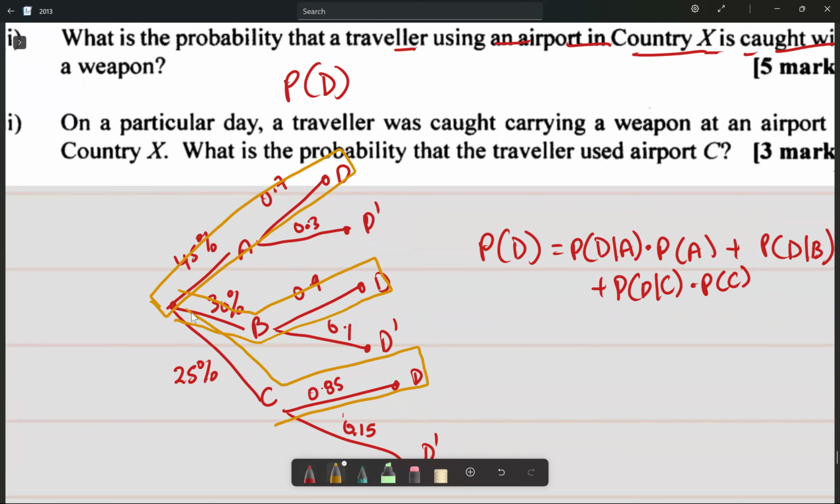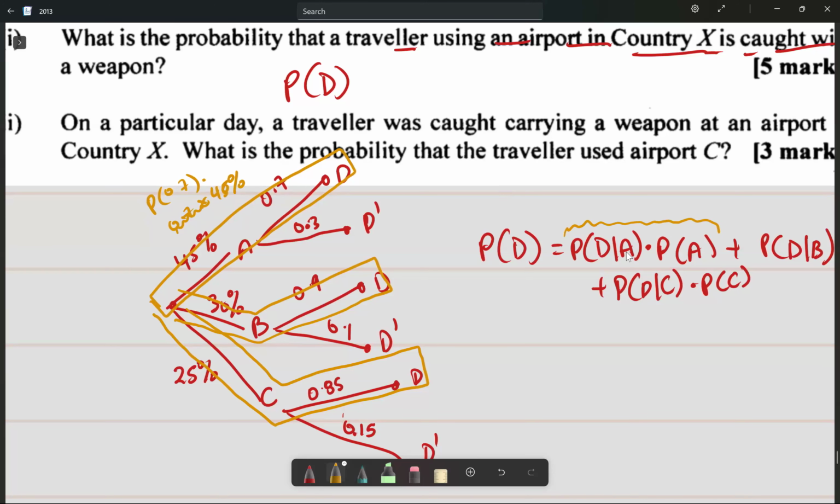So we have 3 paths that we can take. And this path is going to be 0.7 times 45%. How we get this answer is the same thing happening here.